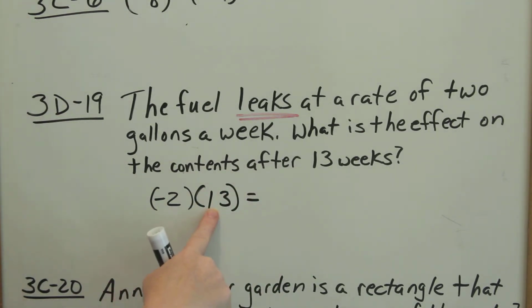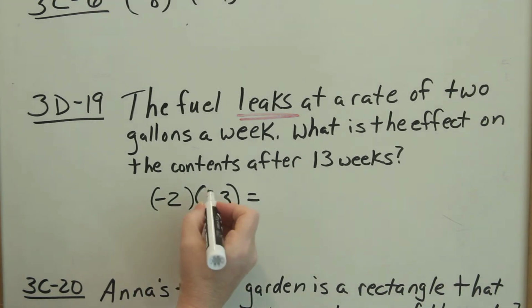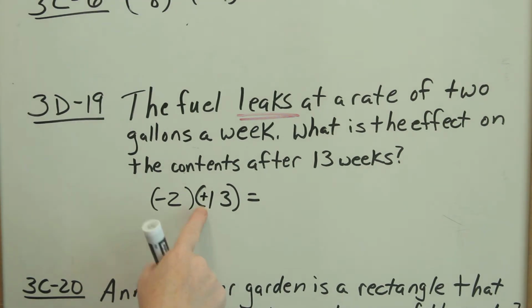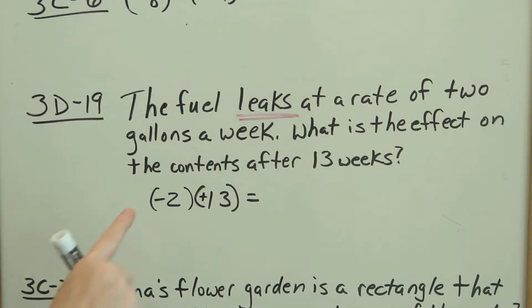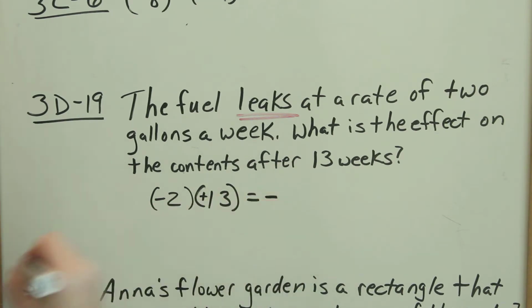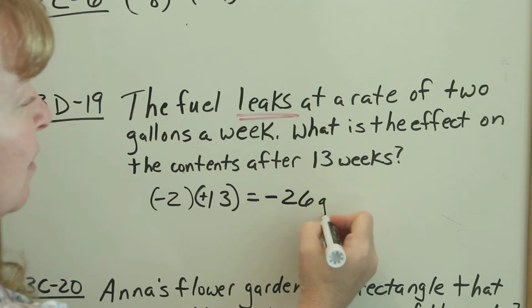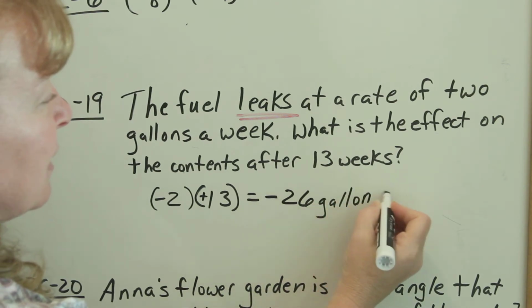When you don't have a sign on your number, it is implied positive. If there is no sign at all, that's an implied positive. If you need to write a positive, that's fine. So now you have a negative times a positive. A negative times a positive is a negative. And then 2 times 13, 26. And so negative 26 gallons.